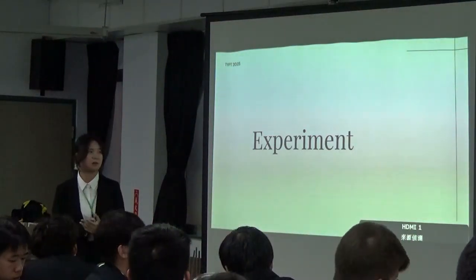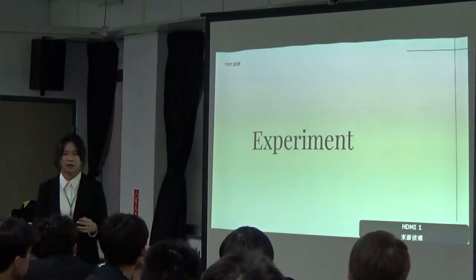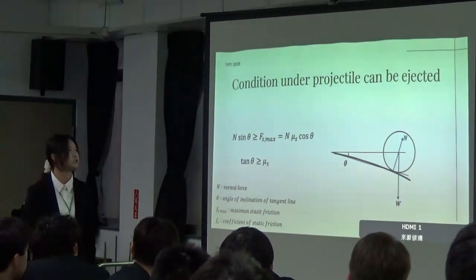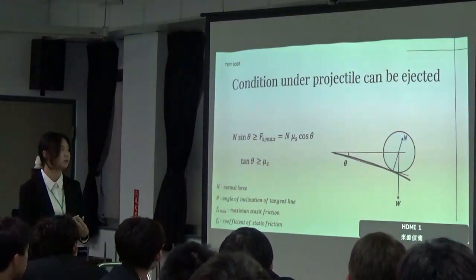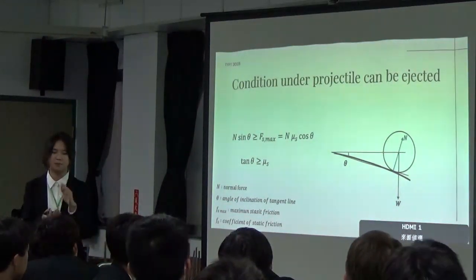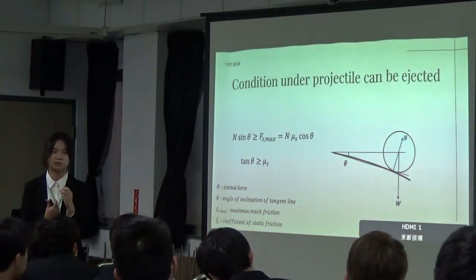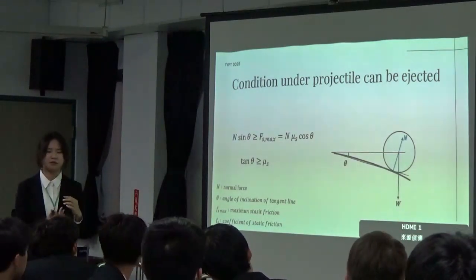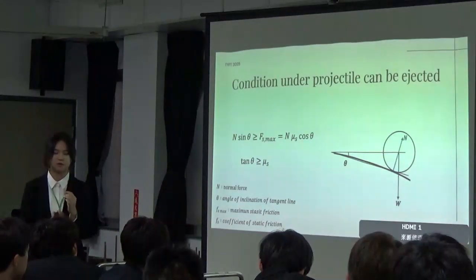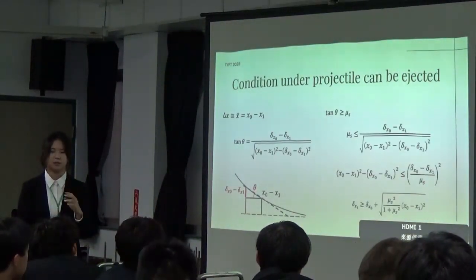And here comes the experiment. Before my experiment, I need to define the condition that the projectile will be ejected forward, which is when the force that pushes the projectile forward is bigger than or almost equal to the maximum static deflection. After derivation, I can get tangent theta bigger than or almost equal to the coefficient of static deflection.